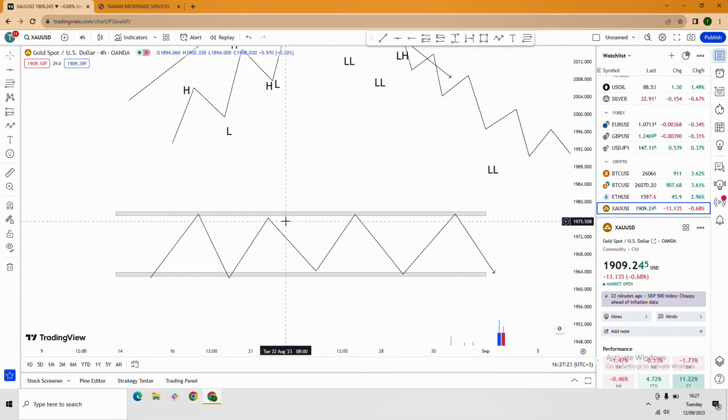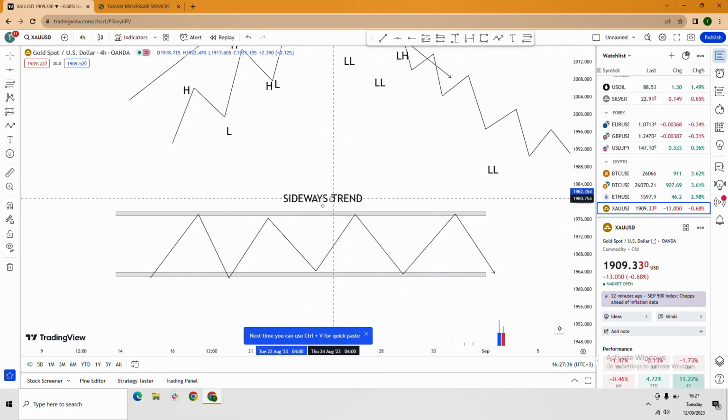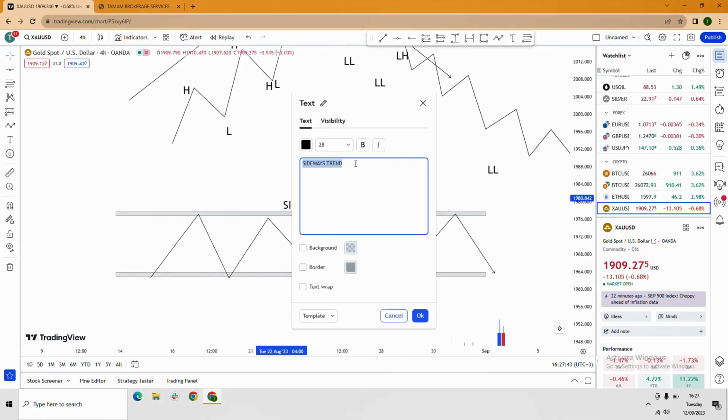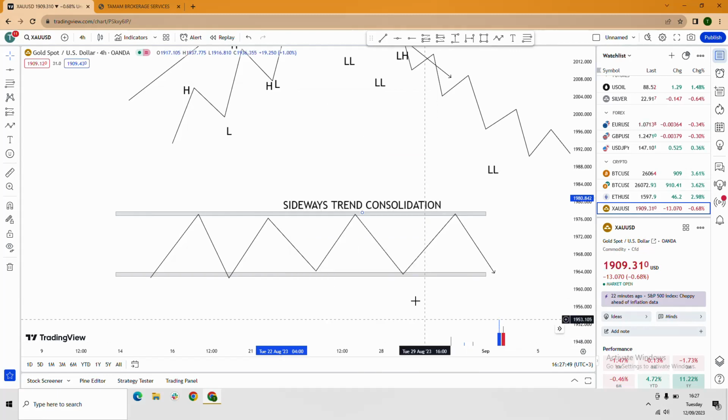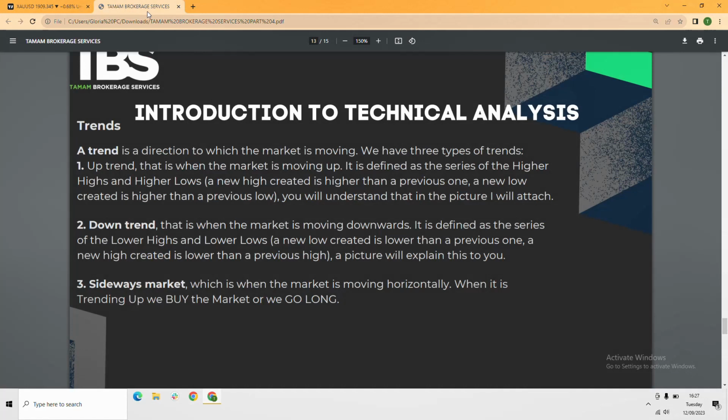So this is what you have as our sideways market or our sideways trend. Some people tend to regard it as a consolidation. So it's a consolidation, sideways market, sideways trend, consolidating market, whatever you choose to call it.